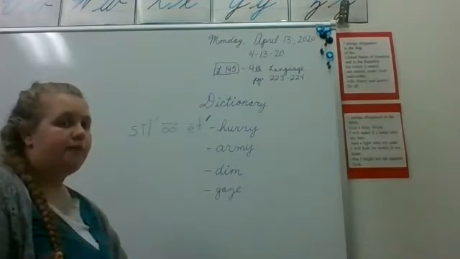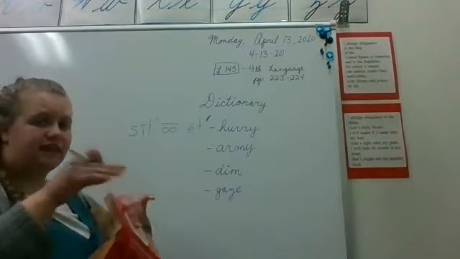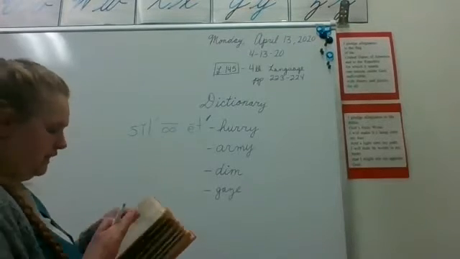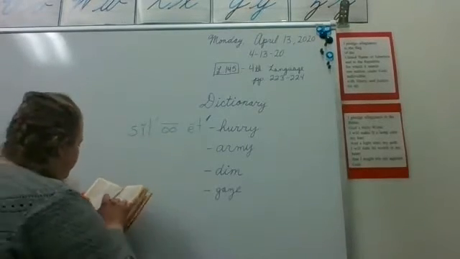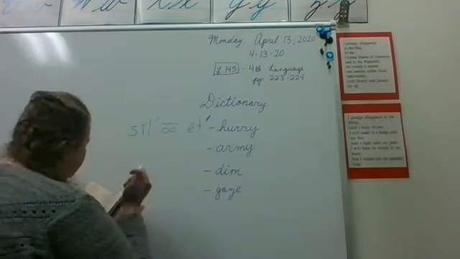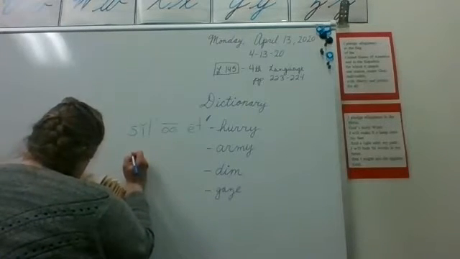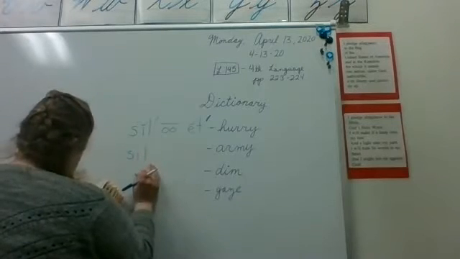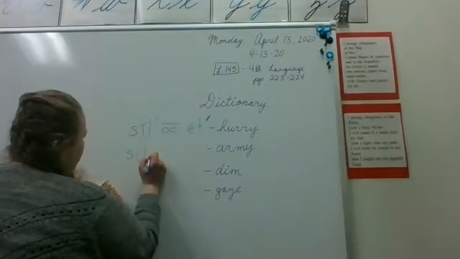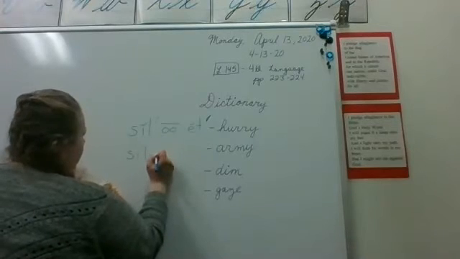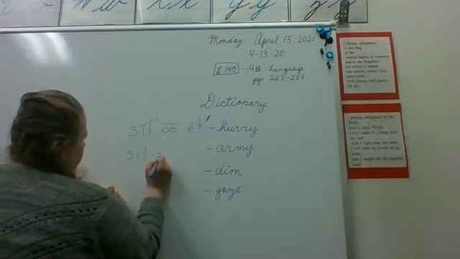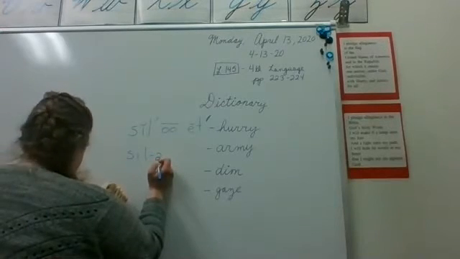Your dictionary may have a different one. In fact, this dictionary that I'm holding has a different one than my book did, okay? So let me just show you the difference. This one has S-I-L, and then it does a hyphen, and it does the upside down E. It's a hard one to draw.